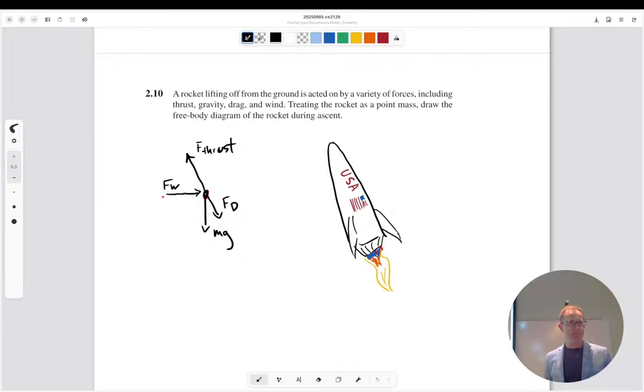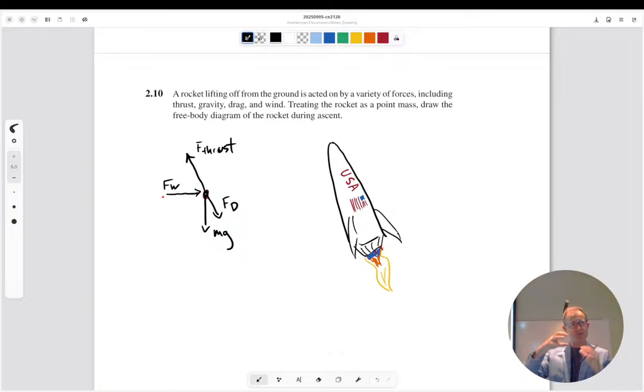Then the question came up: wouldn't wind tilt this rocket? Shouldn't there be something rotating this? In our free body diagram, how could I rotate the rocket? What do I need to apply to rotate something? Torque? Yeah. Any rotation requires torque.